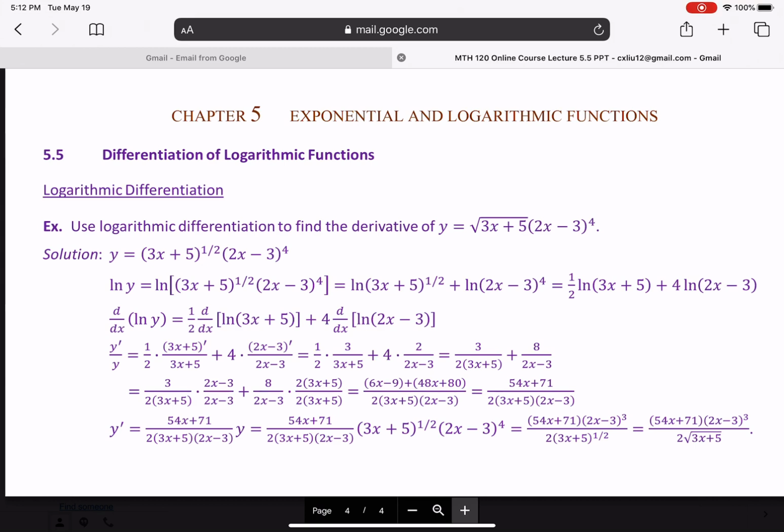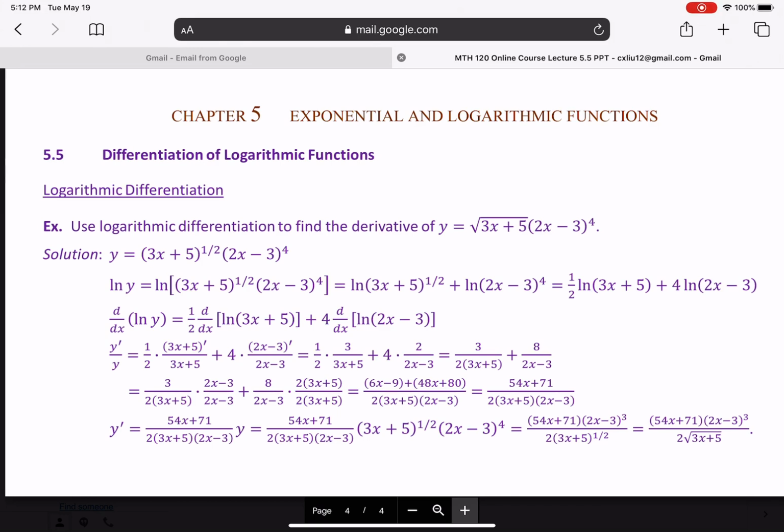Now take the derivative of the equation on both sides with respect to x. So we get y prime over y. Remember to use the chain rule here on the left. On the right side, we got two terms, and we have to use the chain rule again for each term.